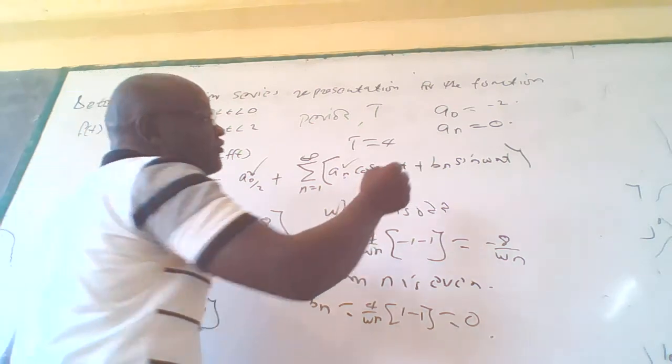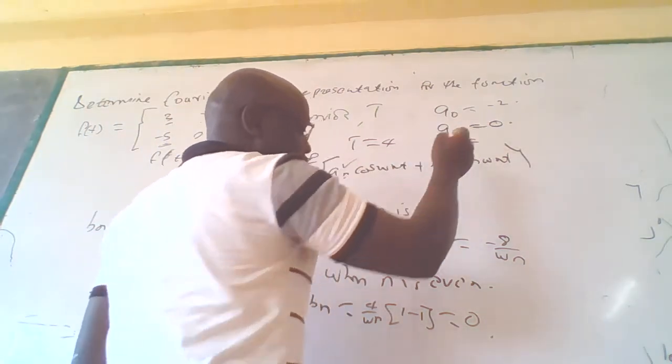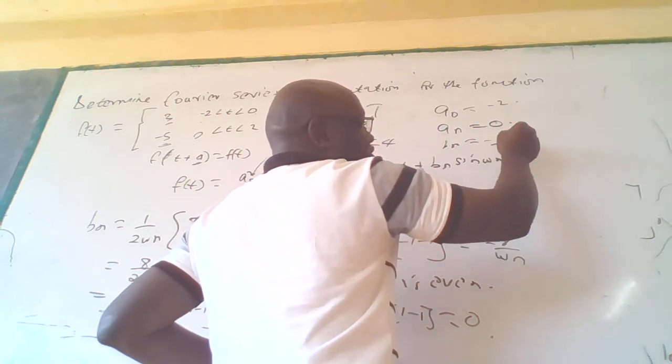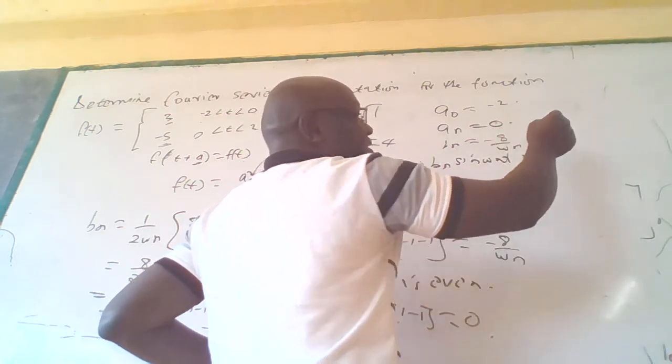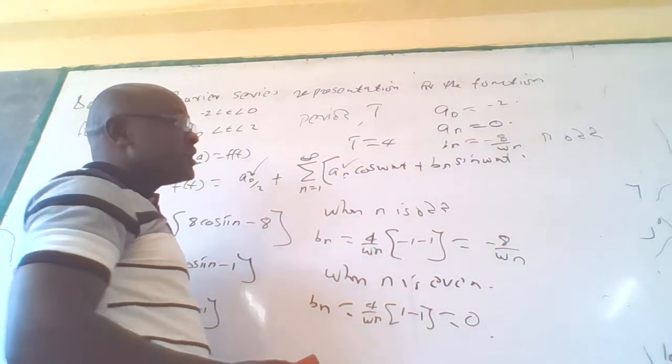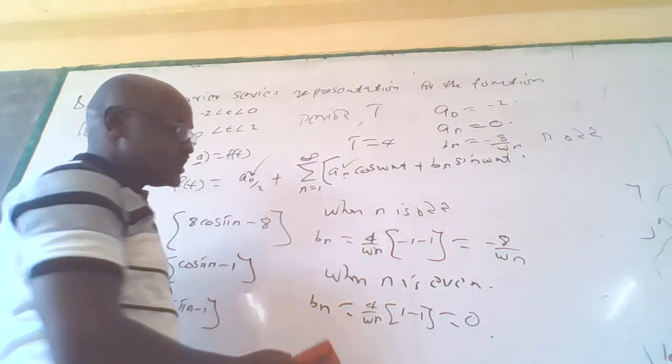Therefore, we are saying that Pn equals negative 8 over omega n, where n is odd. Therefore, once we have that, we can now study the series.